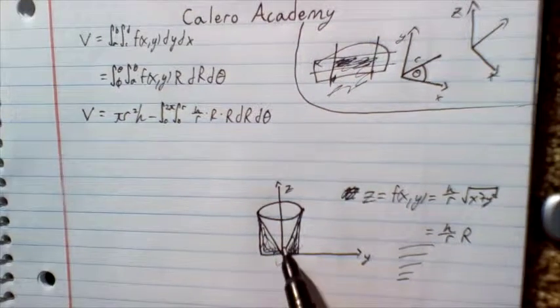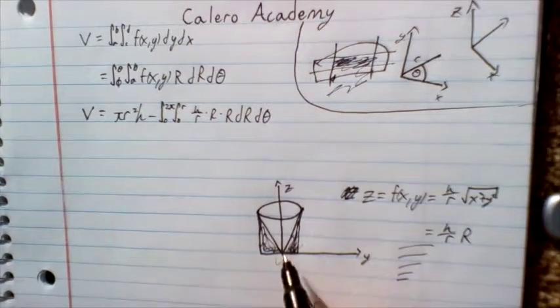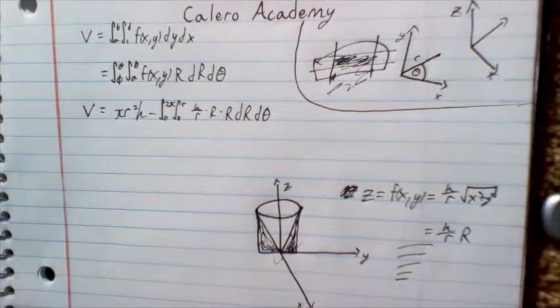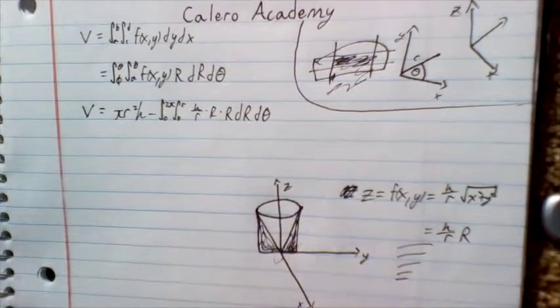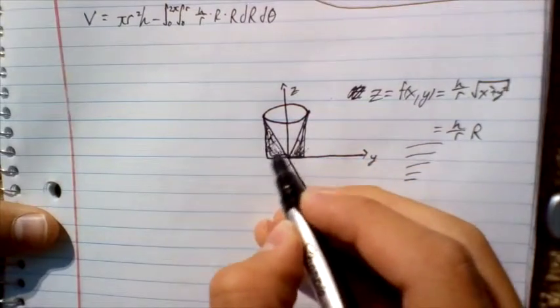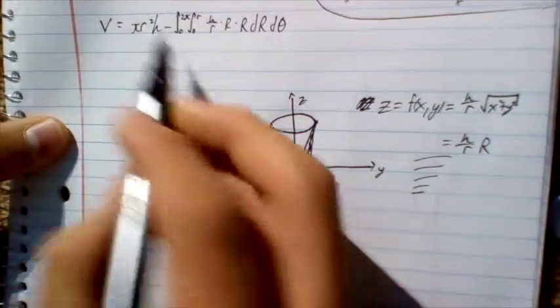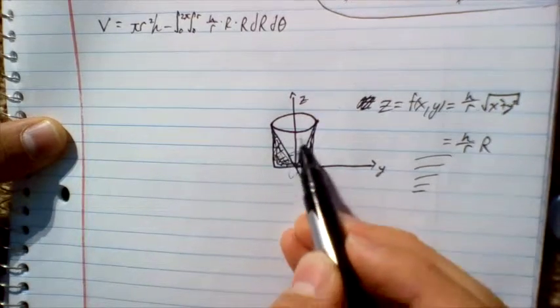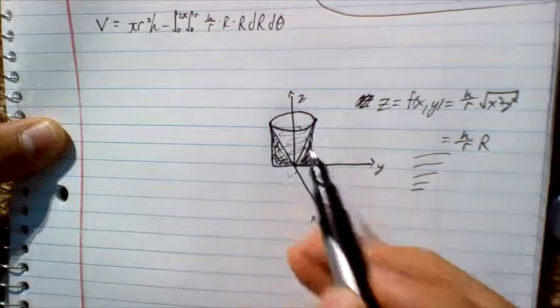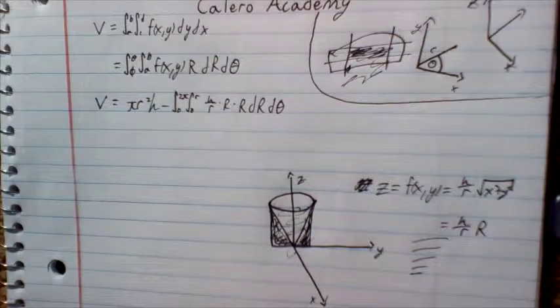And so all we're really doing is adding up a lot of circles. In fact, what we're really doing is finding the volume of everything here, but when we subtract this from that, we are finding an infinite sum of all these little circles in there. Okay.